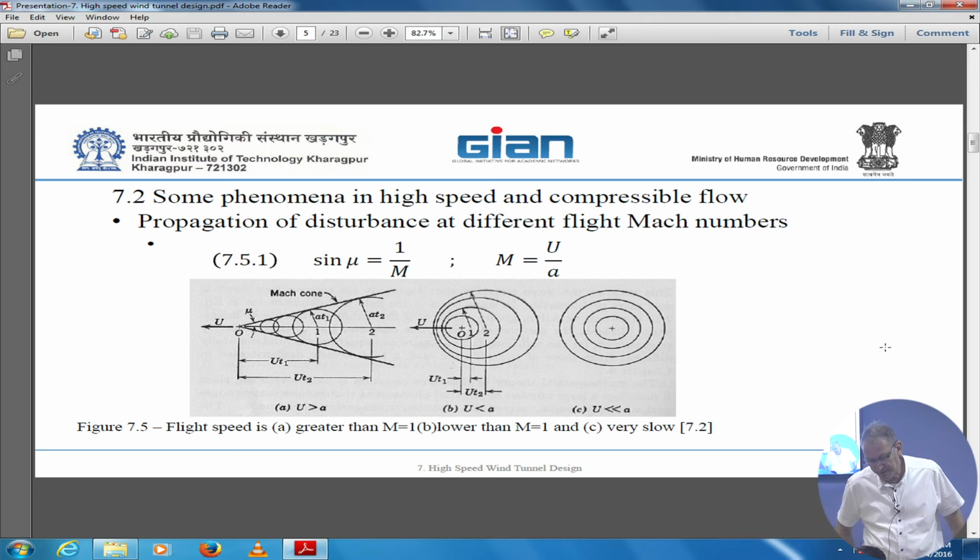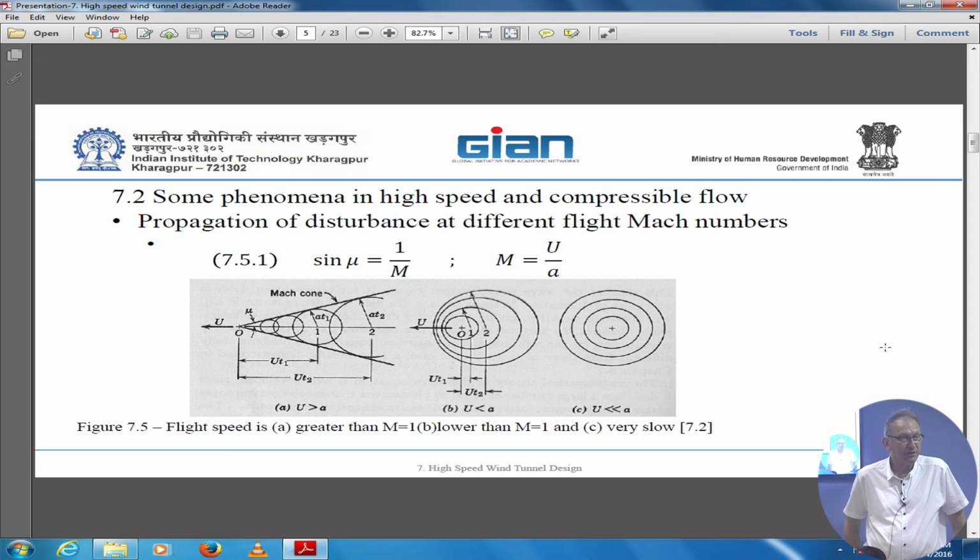But when it's flying at a higher Mach number, you get this front of pressure, and geometrically you can express the front angle as the sine of 1 over Mach number.